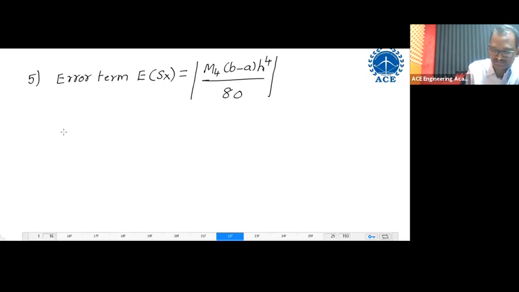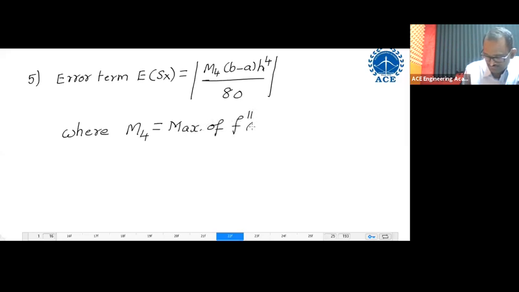That's the only difference. Where M4 is equal to the maximum of the fourth derivative of f of x in the interval a comma b.